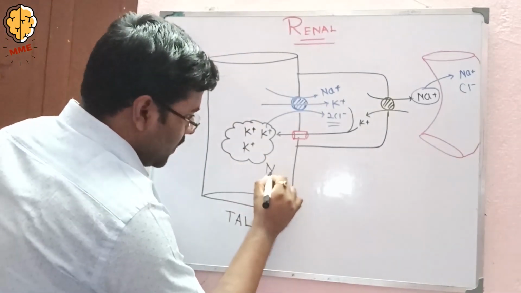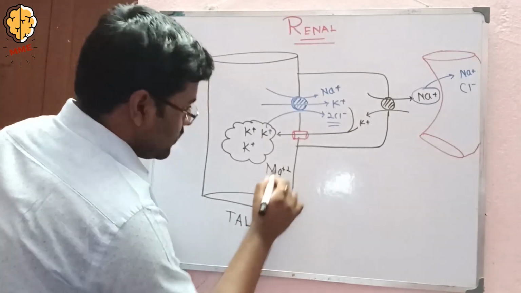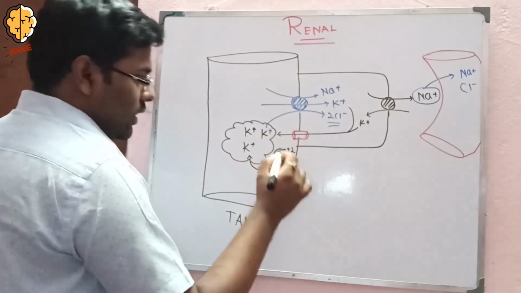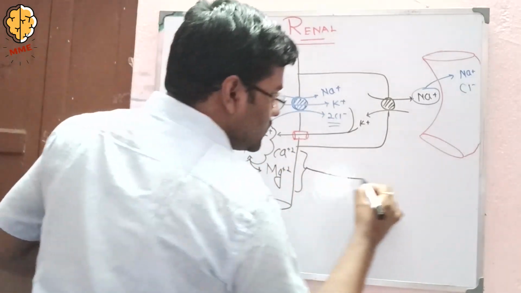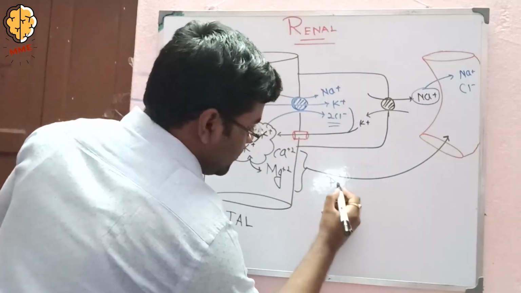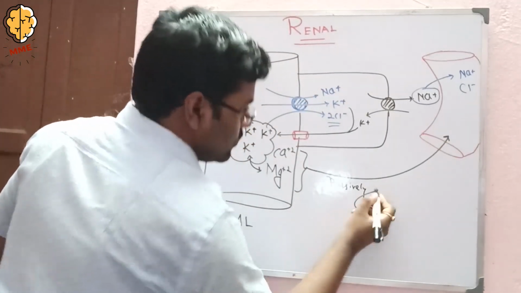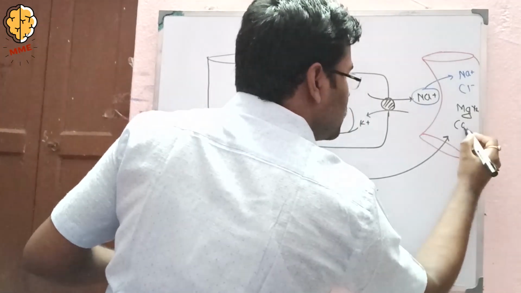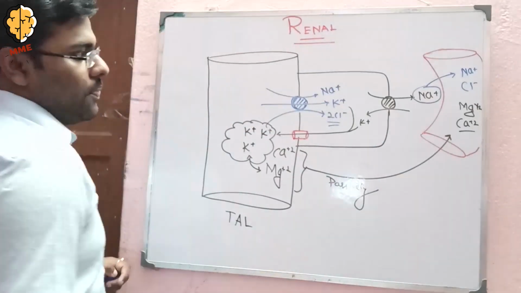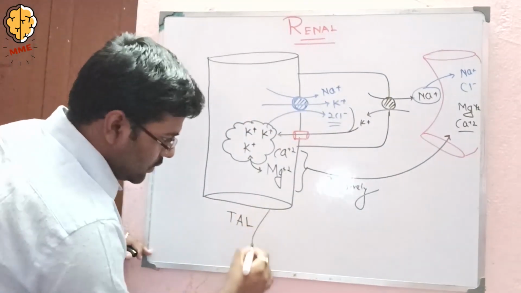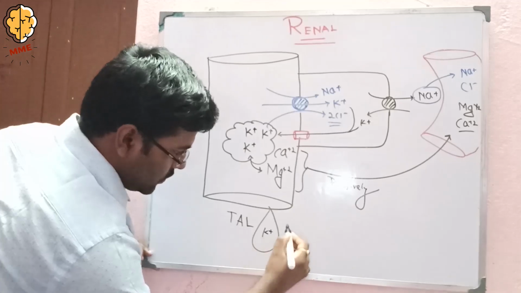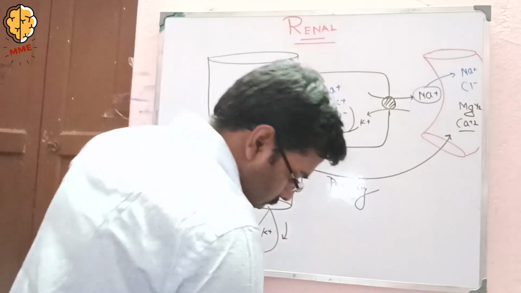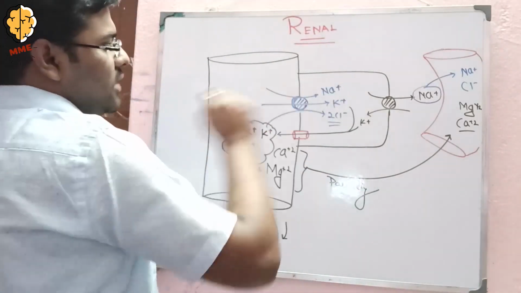So some positive ions like magnesium and calcium get repelled, and they also go into the blood vessels passively. And in the urine, the potassium will be excreted by this mechanism. So this channel is called the NKCC channel.